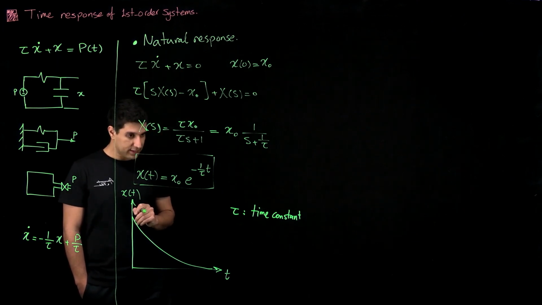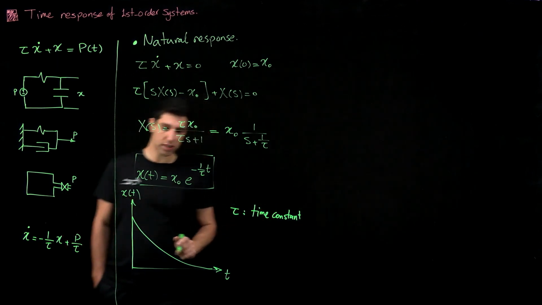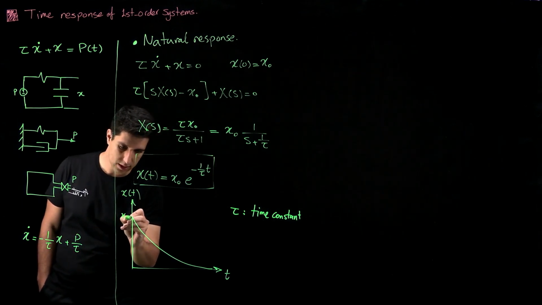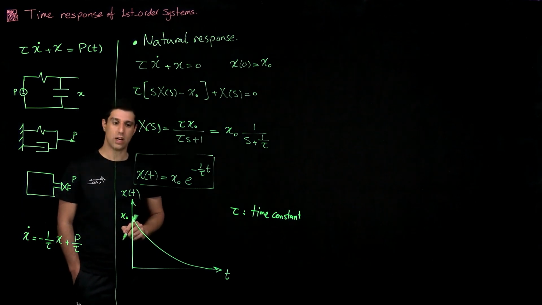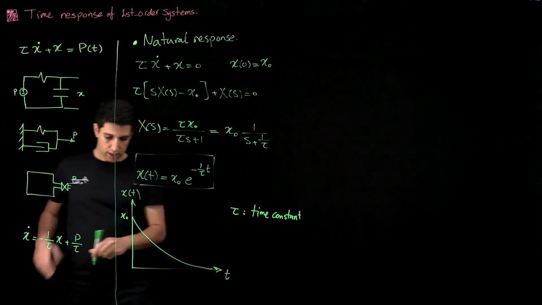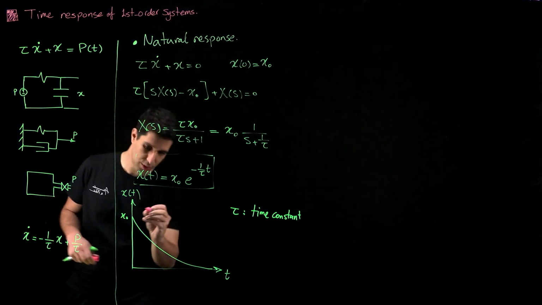All right. So what does this time constant really mean? In this characteristic form, and by the way, this starts from the initial value x naught. It is very handy to know.